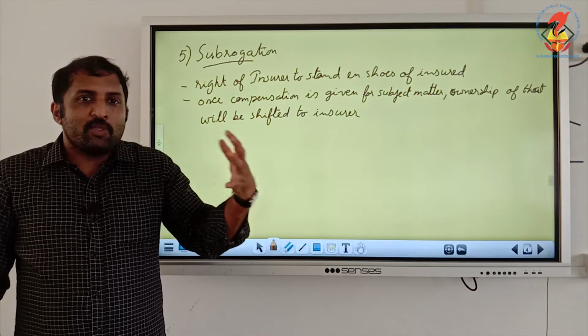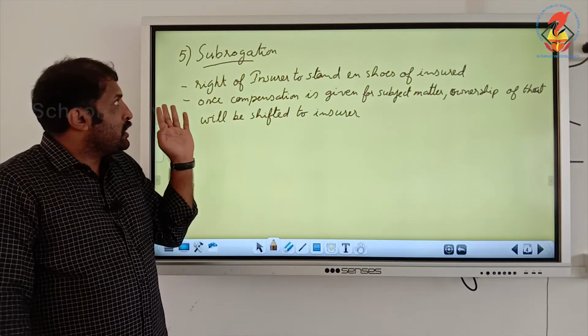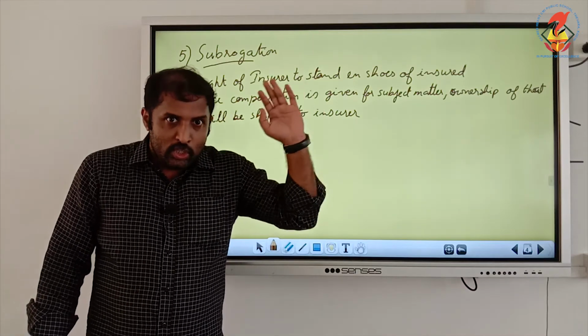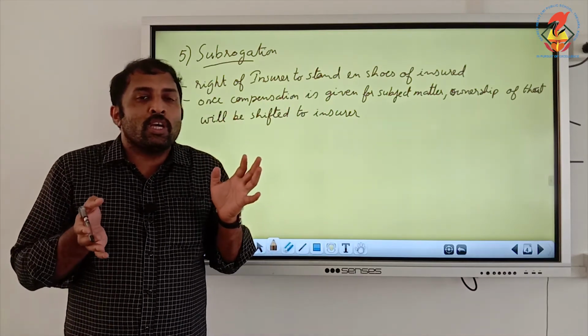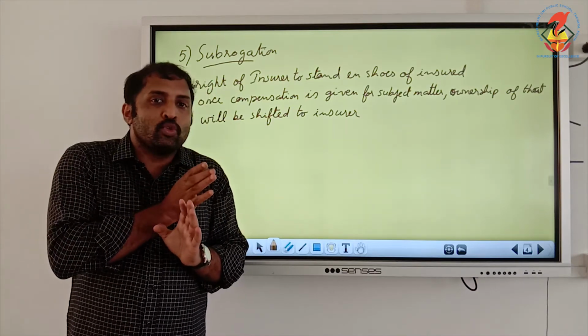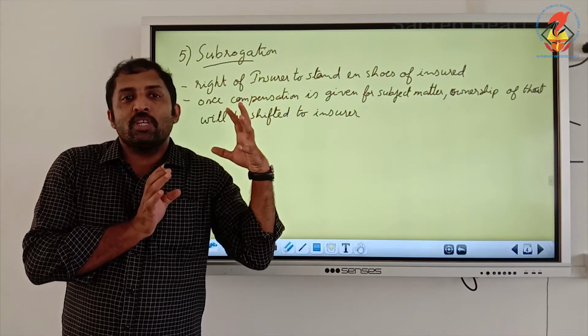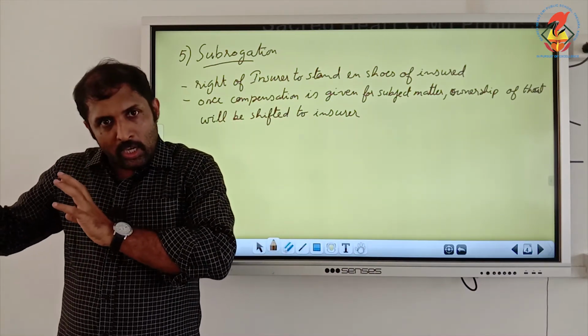Once a claim is settled, the ownership of the property will move on to the insurer. That means the insurer will take the place of the insured. Once the settlement is made, the insurer will step into the shoes of the insured. That means the ownership of the compensated property will pass on to the insurer.